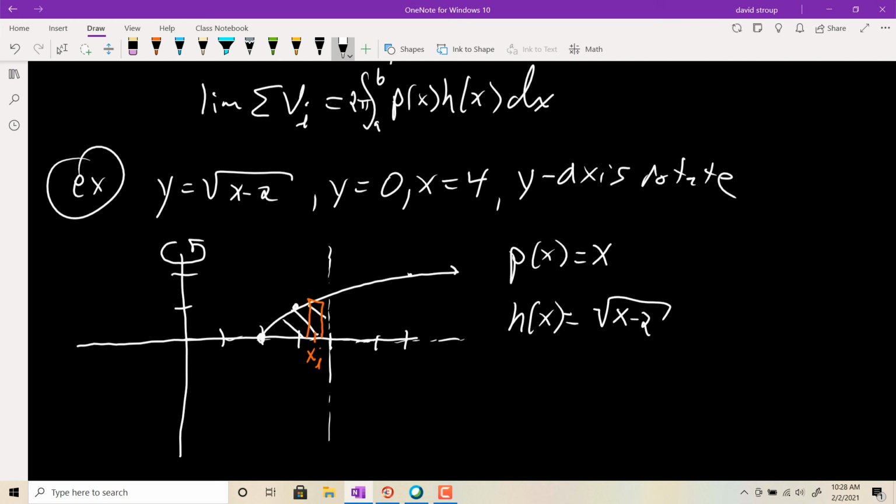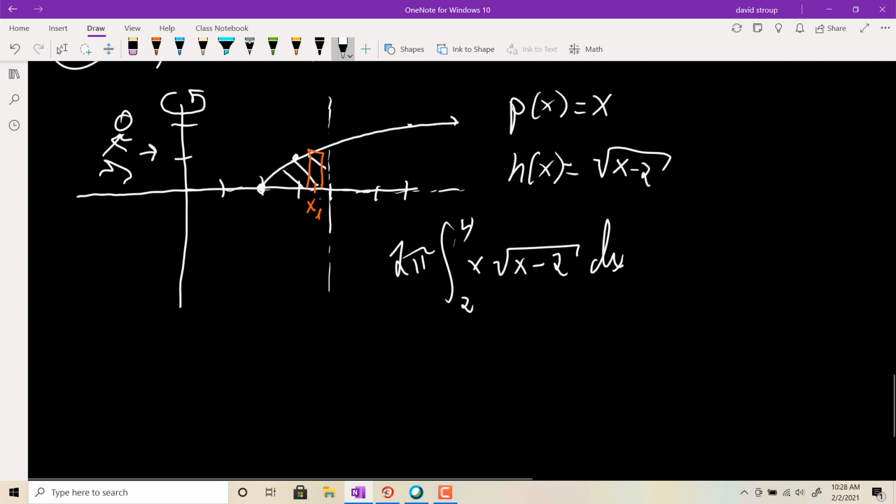Okay, so no big deal. Plop it into your formula, 2 pi. The Riemann man is going in this orientation, collecting those volumes, and it looks like he's going to have to collect volumes from 2 to 4. He or she. I'll make it Riemann woman.